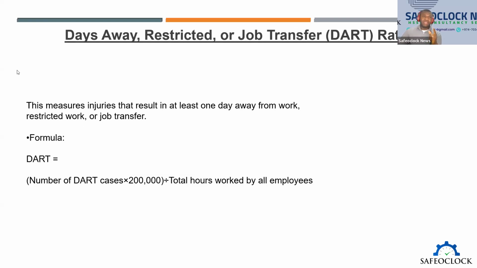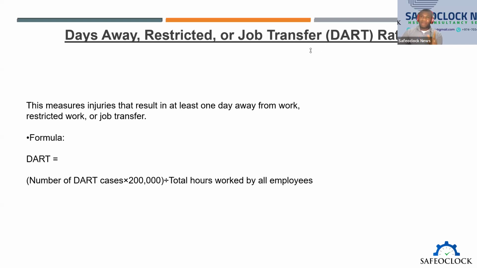So the other factor that we usually calculate is known as days away, restricted, or job transfer rate. It's known as DART: days away, days restricted, or days job transfer rate.